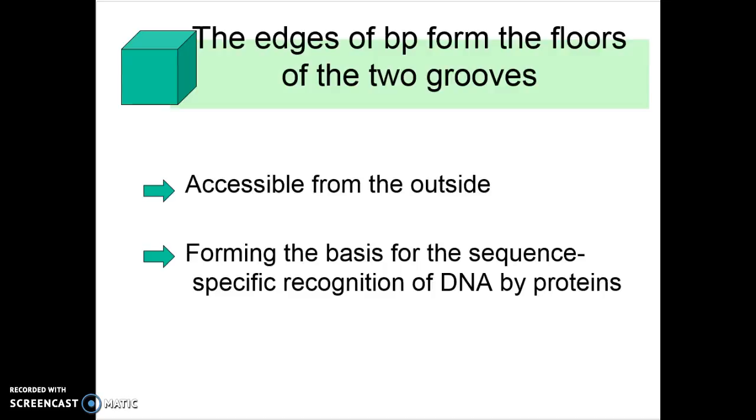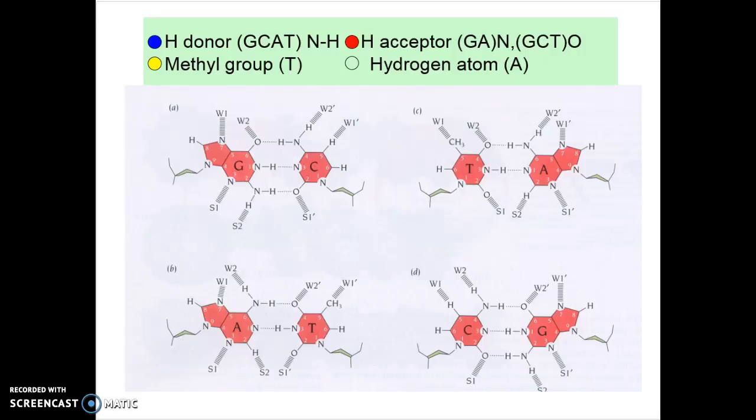Let us now look at how specific sequences might in principle be recognized in B DNA. The only regions where the bases are available for interactions are at the floor of the grooves. The edges of base pairs contain nitrogen and oxygen atoms that can make hydrogen bonds to protein side chains.